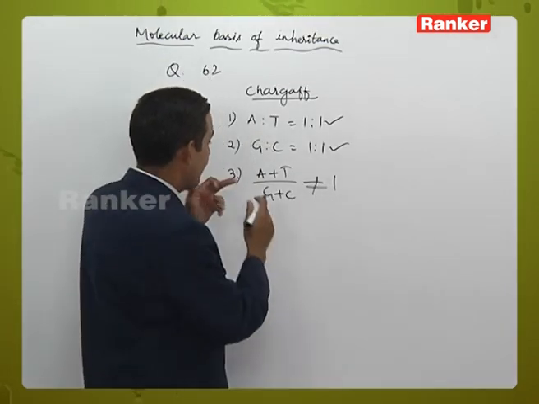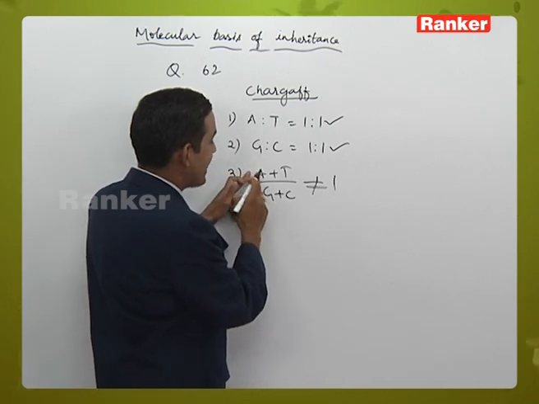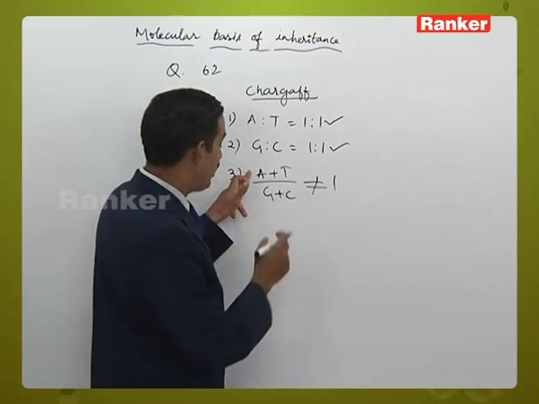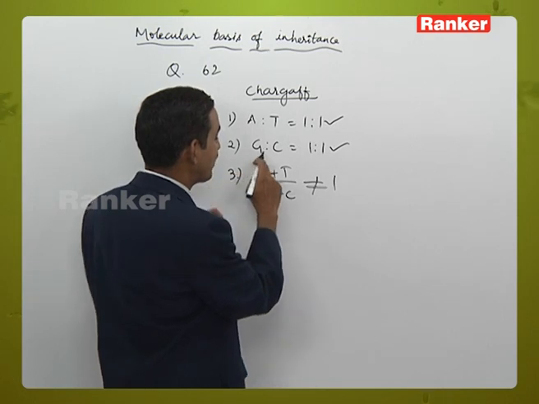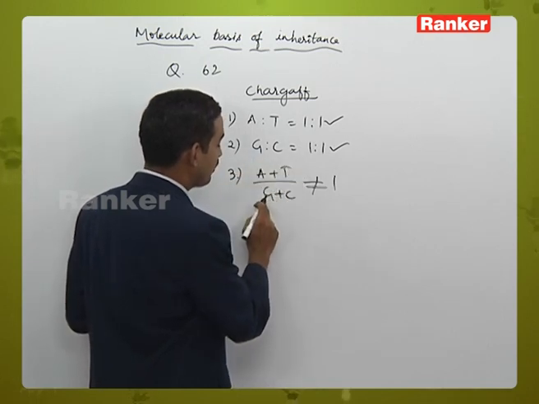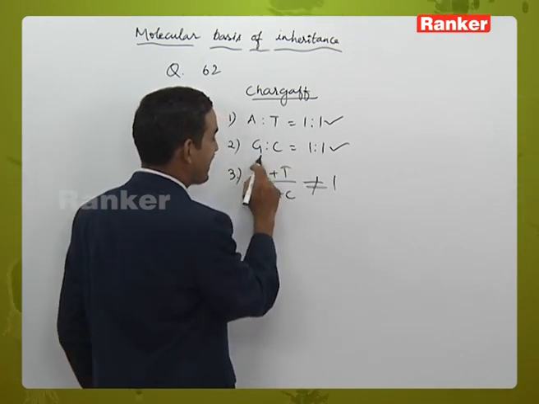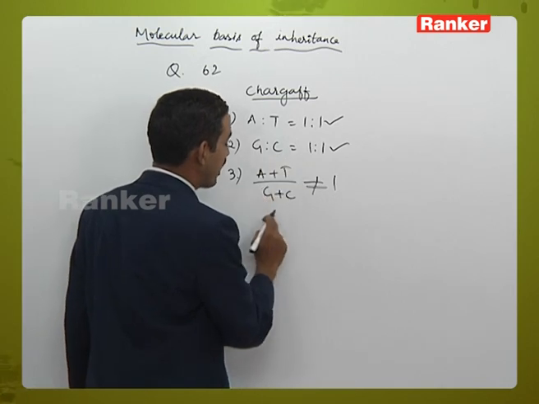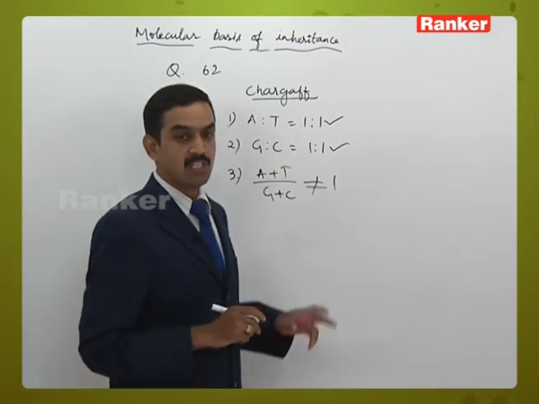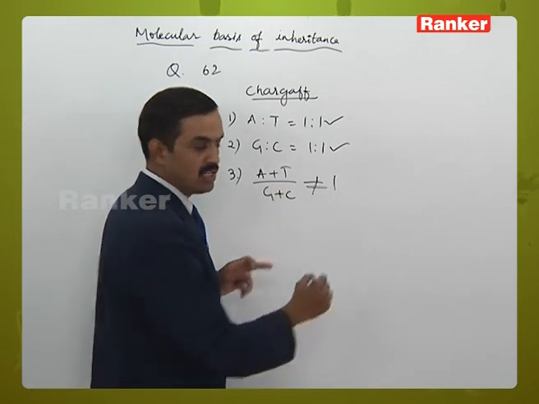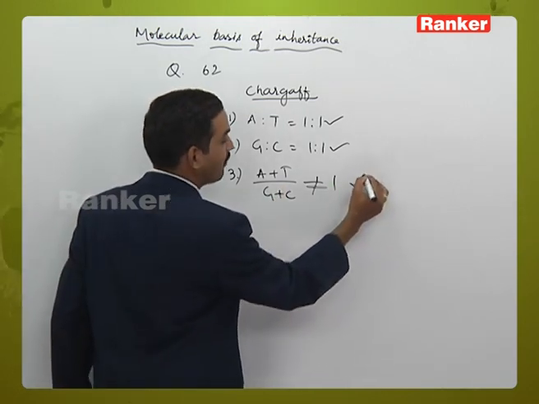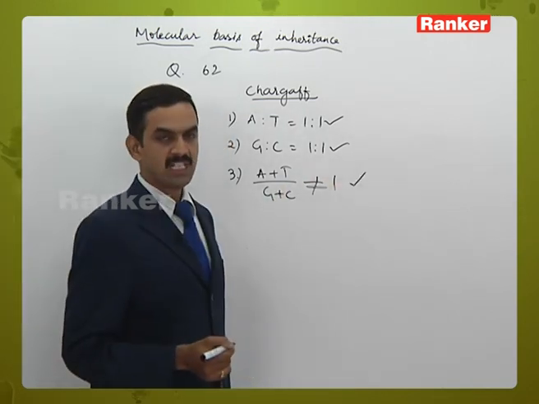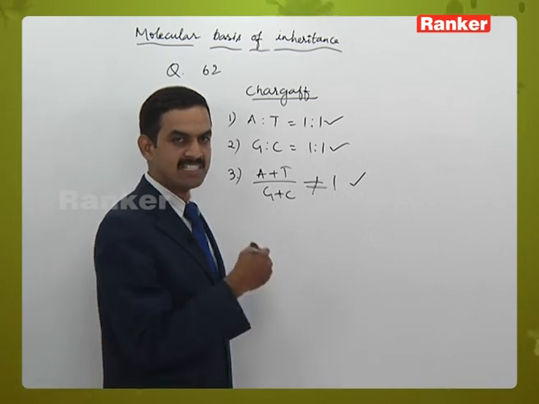Actually here adenine and guanine are not complementary, so the number of adenines and thymines are equal, and the number of guanines and cytosines are equal. So when it is given in such manner, this is applicable to the Chargaff rule, that is a DNA molecule having this type of nature.